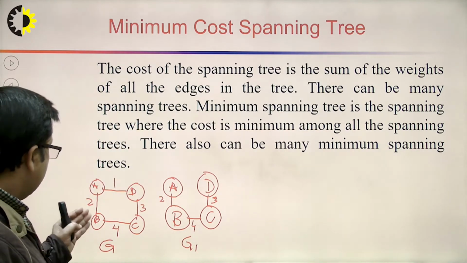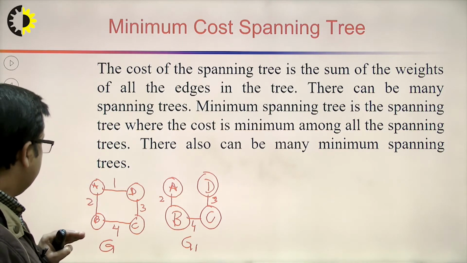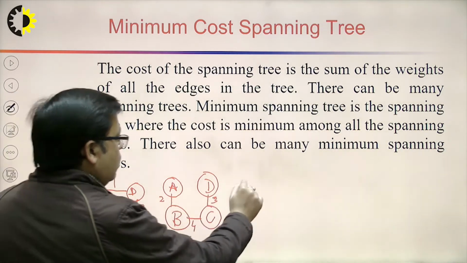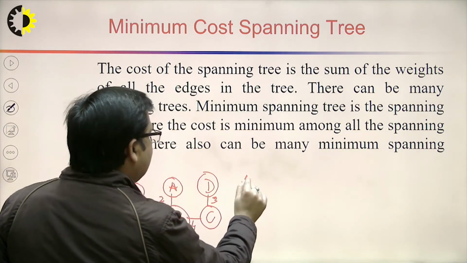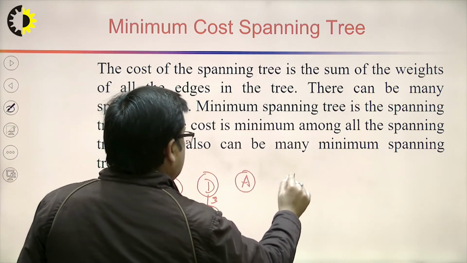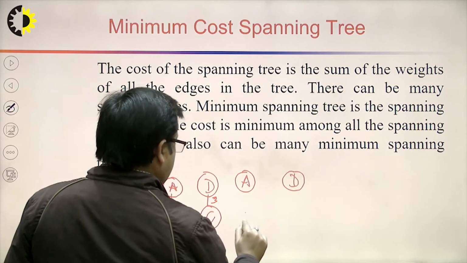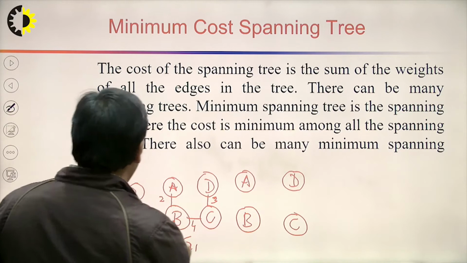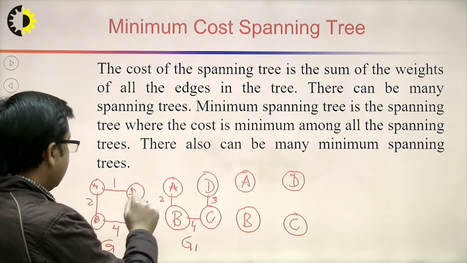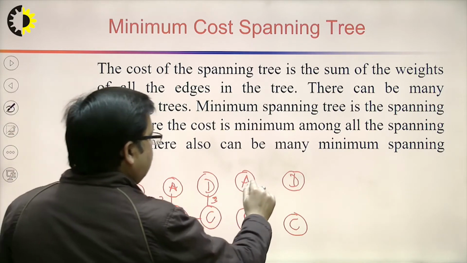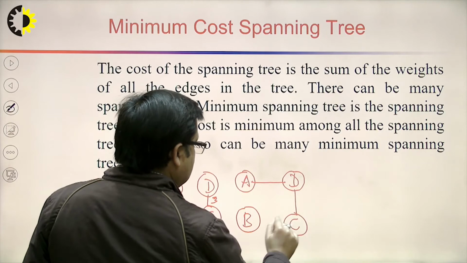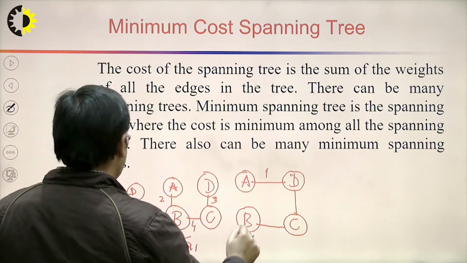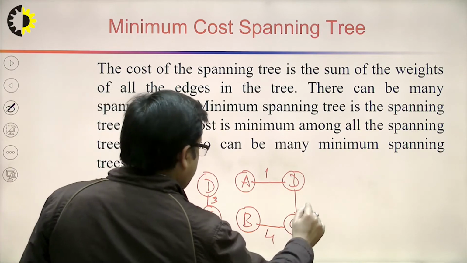Now we can draw another spanning tree. Suppose we are removing the edge A to B. So the other version of the graph will have A, D, B, C, right, and now we are removing A to B. So this edge is there, this is there, this is there. The weights are 1, 4 and 3.